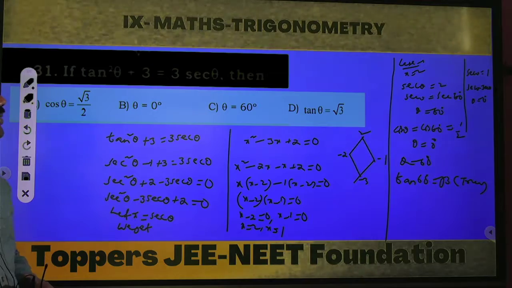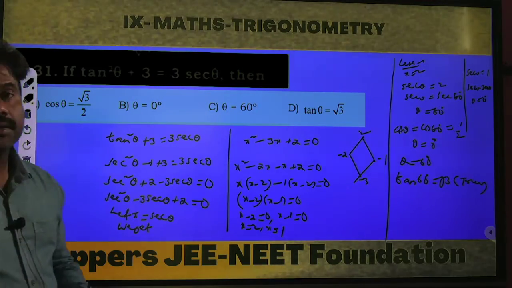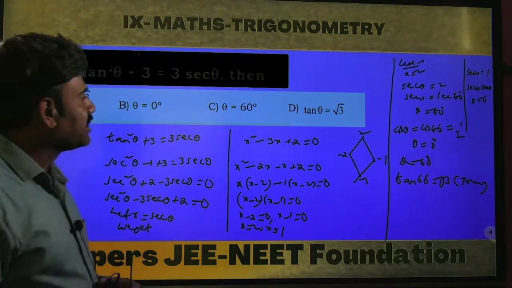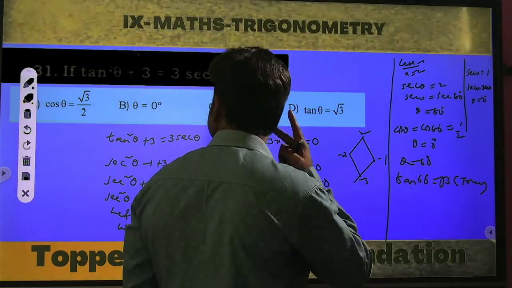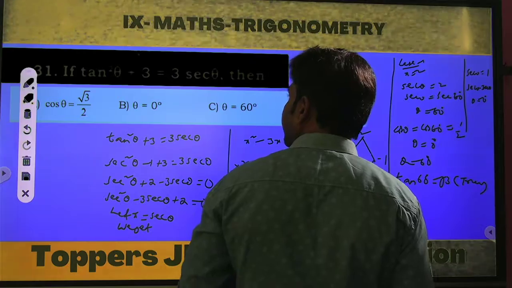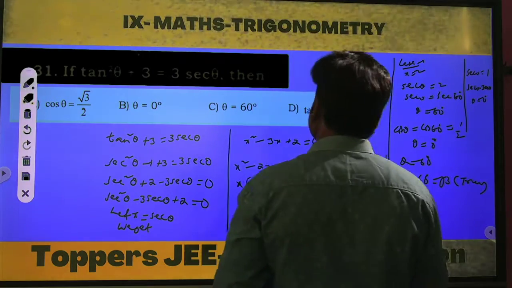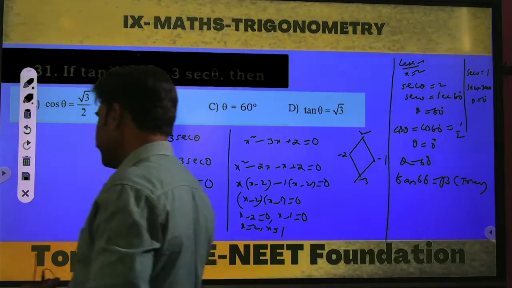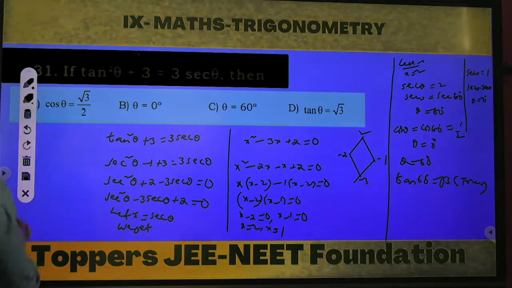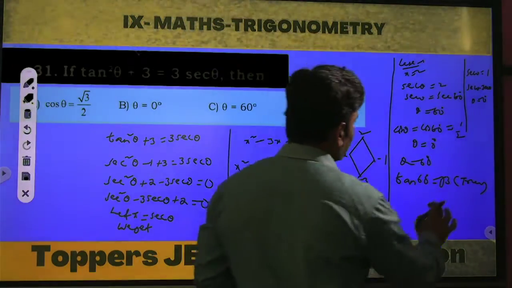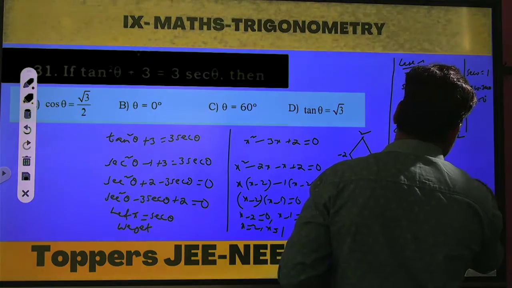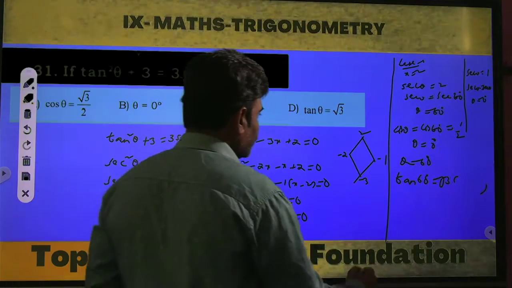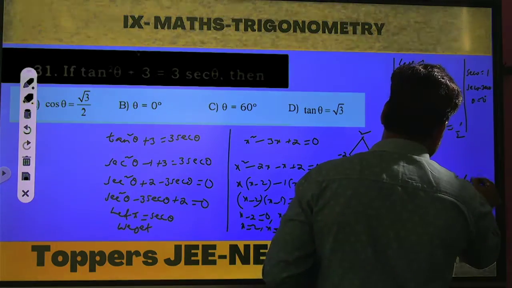That means for theta is equal to 60 degrees, the equation is not satisfied. So theta is equal to 0 degrees is the solution. Then tan theta is equal to root 3 is false.